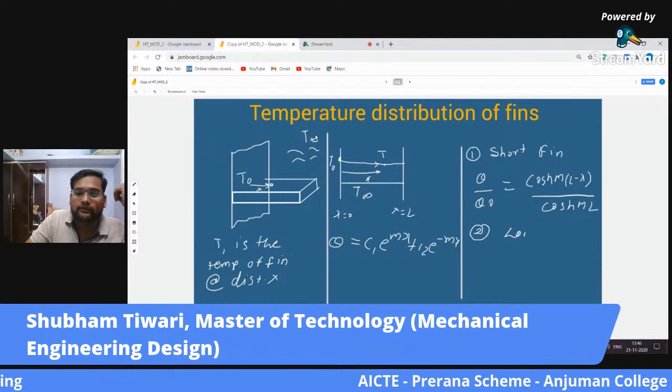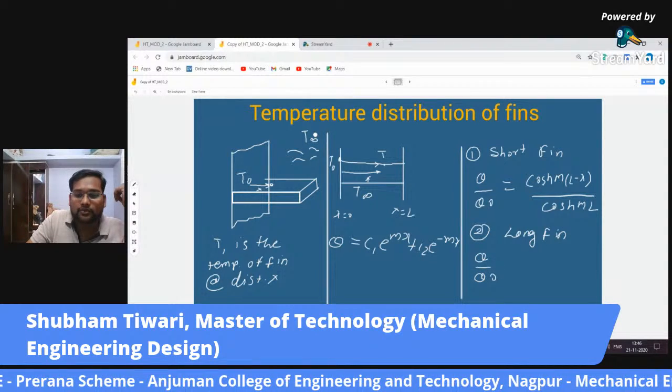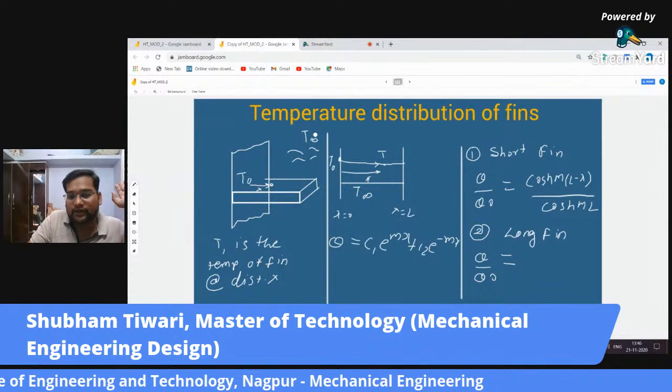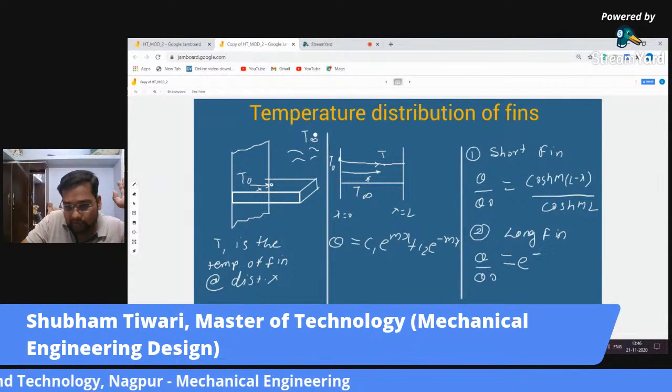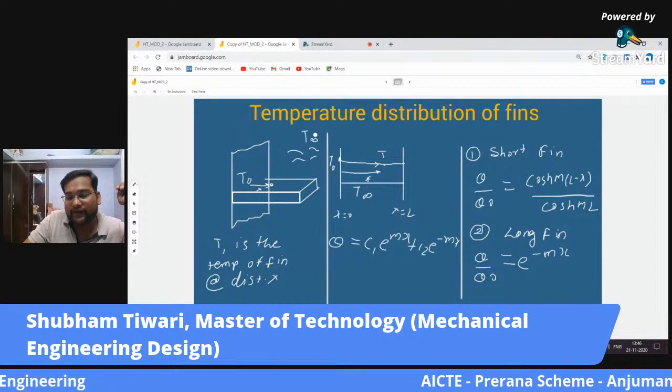Then we have the long fin. For the long fin also, the temperature distribution is different. It is given as e to the power minus mx. So you put the value of x and the value of m here, and you find this ratio theta upon theta naught.